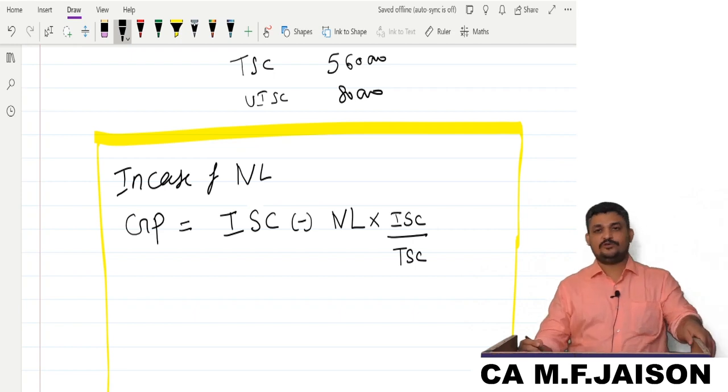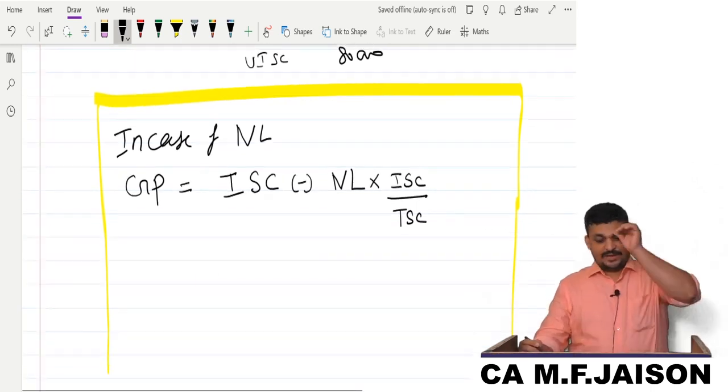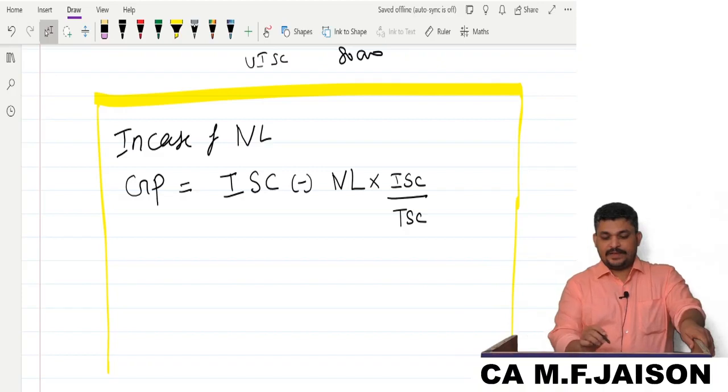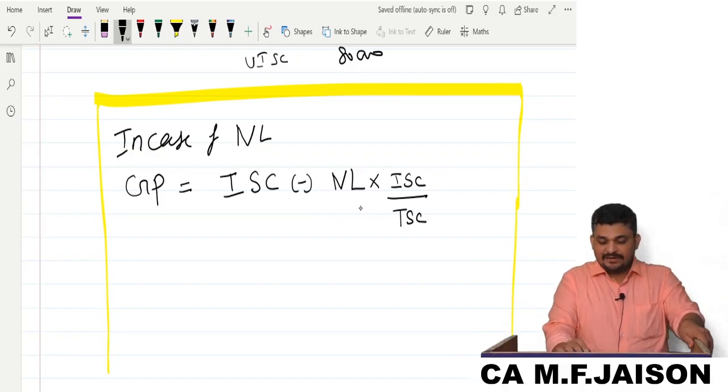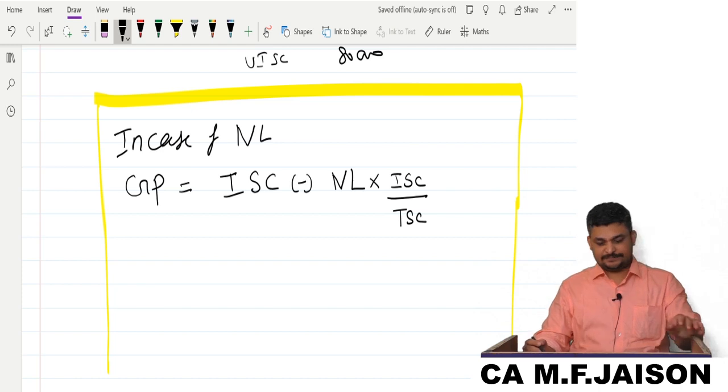A formula to be applied. In case of net loss, gross profit is equal to insured standing charges minus net loss into insured standing charges divided by total standing charges.